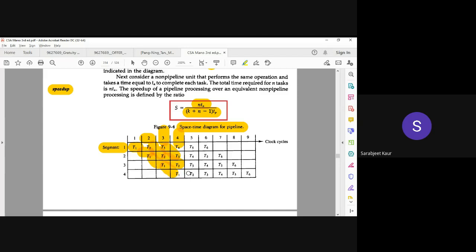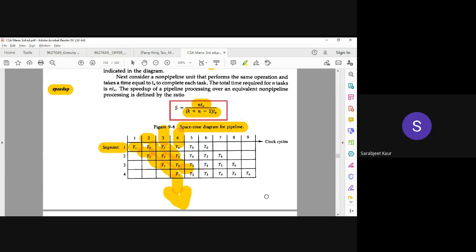Now after this, T1 will have completed because there were only 4 segments. T1 completes, we get T1 out, and then T2 is shifted here, T3 gets here, T4 here, and T5 is added.